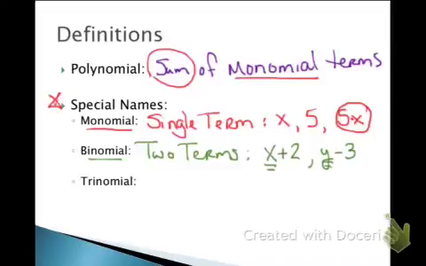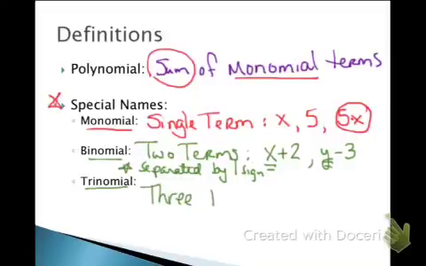And in this case, we don't. So the two terms are separated by one plus or minus sign in between. They are not joined together through multiplication like the monomial terms. That's really the telltale difference between a monomial and a binomial: you're going to see one plus or minus sign.